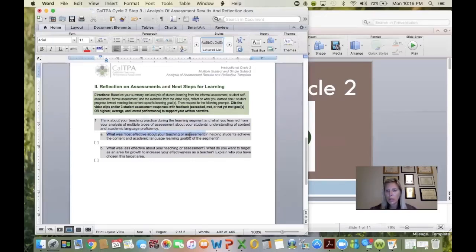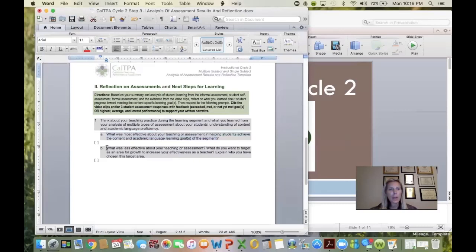So you need to self-reflect. This is something we're all very good at because you have to do it very often in our program. So you know that you're very good about thinking reflectively about your teaching practice and what went well and what was effective. Okay, so what was effective in helping students achieve the content, academic, language learning goals of the segment? What did you do well that helped them?